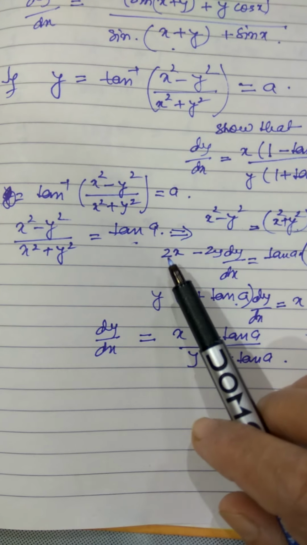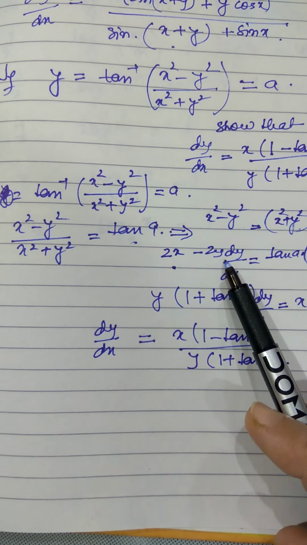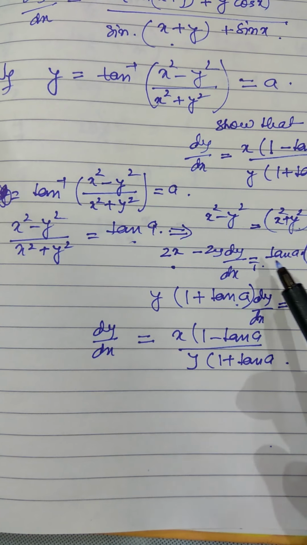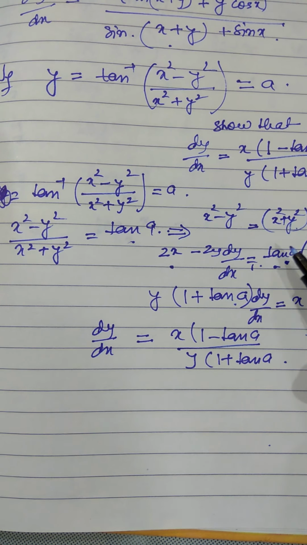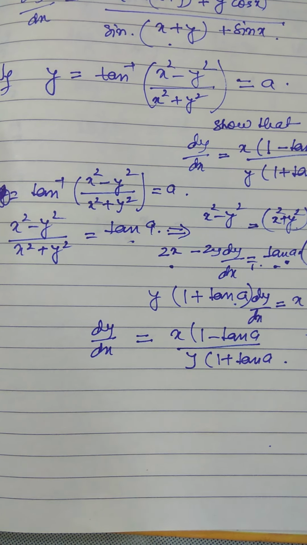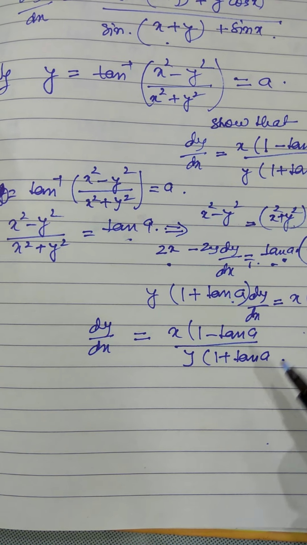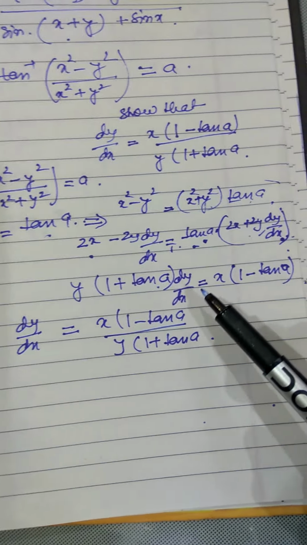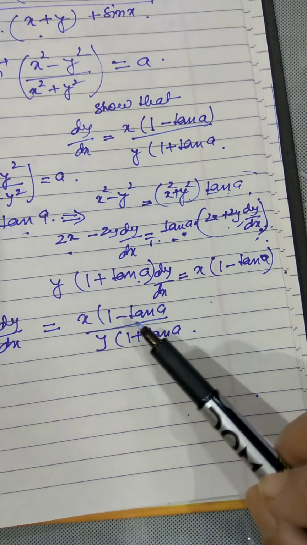2x minus 2y dy/dx is equal to, tan a is constant, 2x plus 2y dy/dx. Now take the terms containing dy/dx on one side.